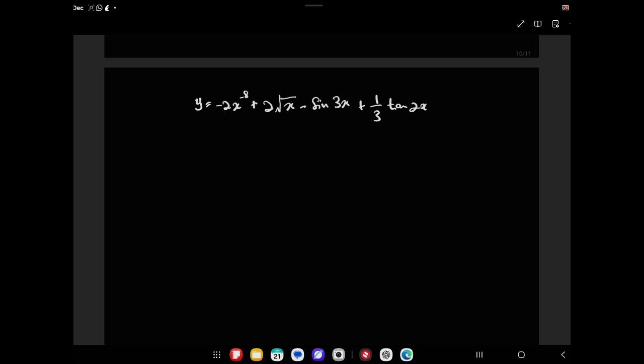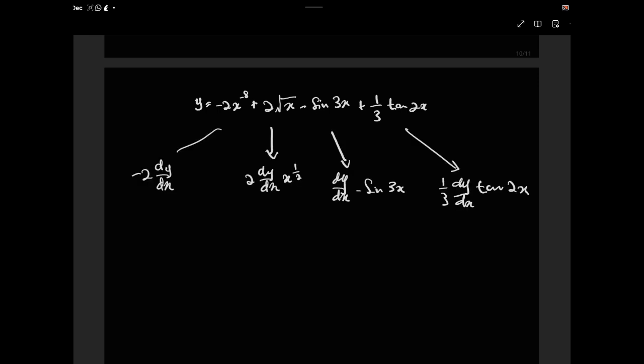Now let's look at the next question, which is on the exercise. For this case, we have 1, 2, 3, 4 terms, which consist of addition and subtraction. So let's define the terms. Let's split them first. Unlike our previous example, this question is quite straightforward.